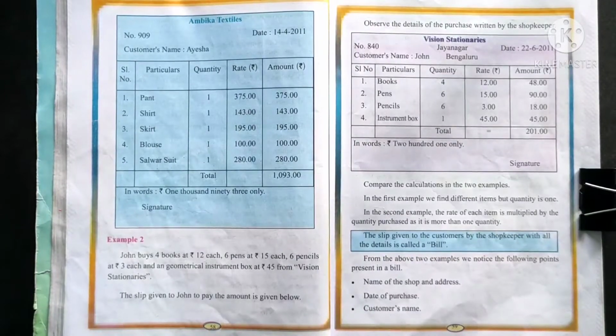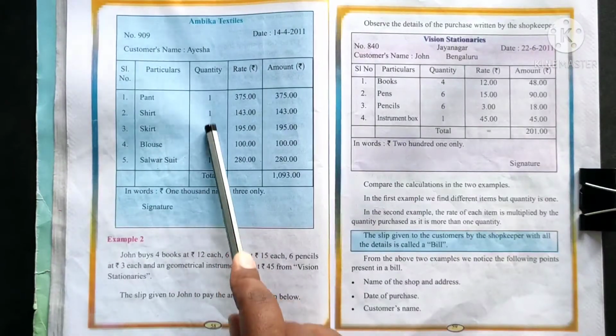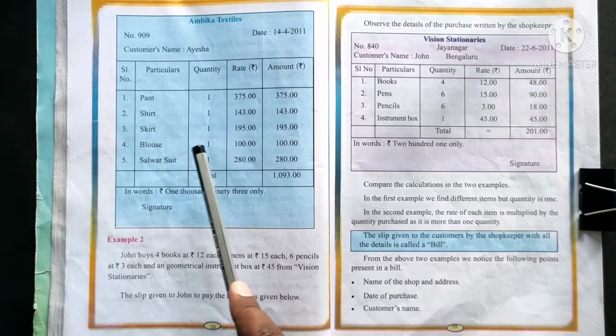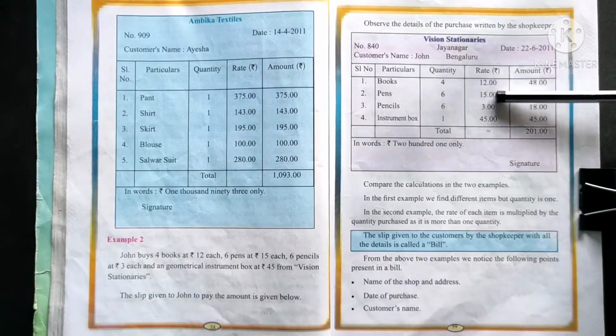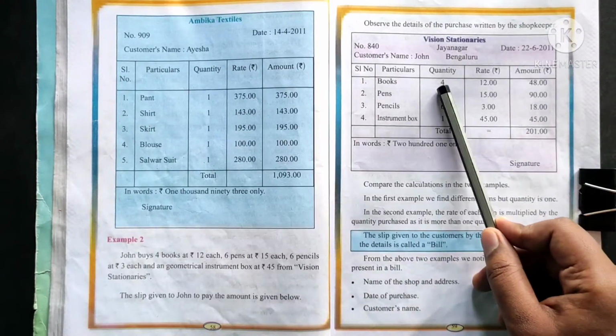In the first example we find different items, but quantity is one pant, 1 shirt, 1 skirt, 1 blouse, 1 salwar suit, and this is the rate of the following items. But in the second example, if you observe carefully, the rate of each item is multiplied by the quantity purchased.